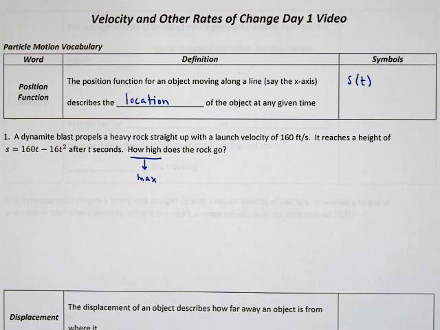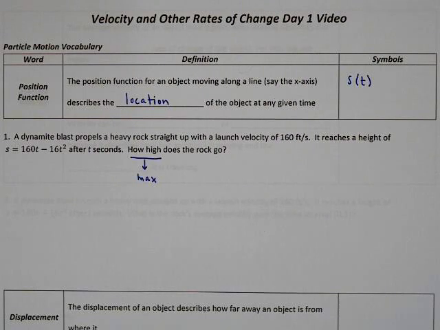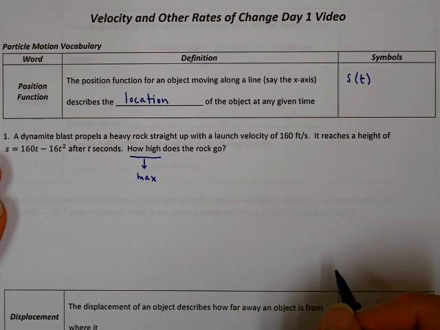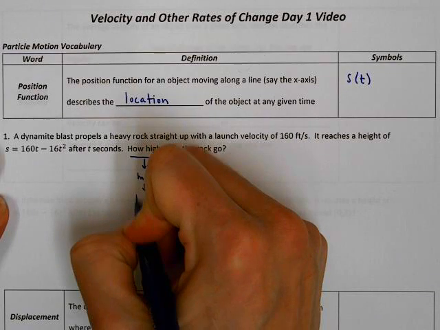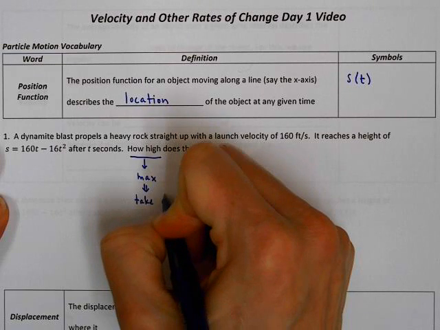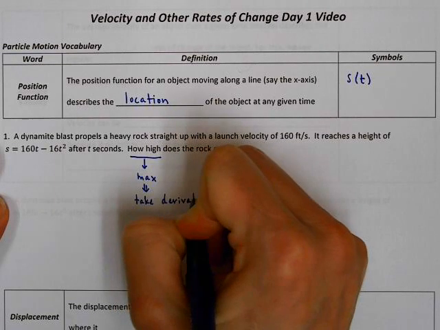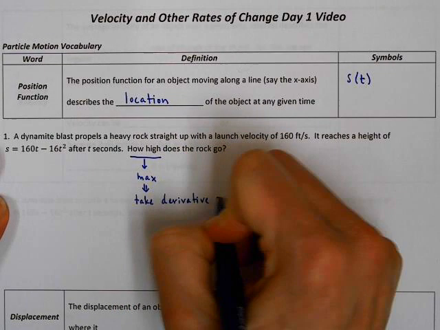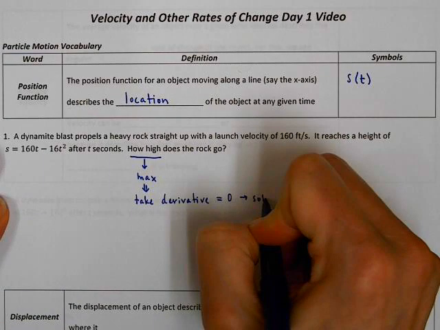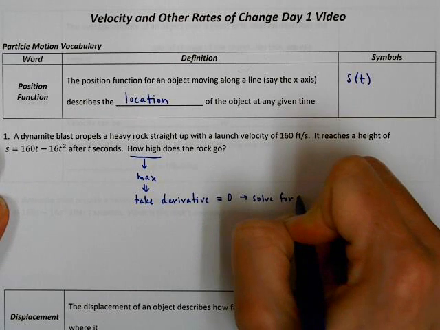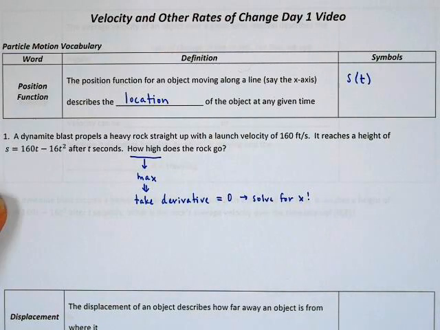We've already worked with finding maximum and minimum values of functions, right? To find the max, we had to take the derivative and then set it equal to 0 and then solve for x. So let's see how that would apply here.